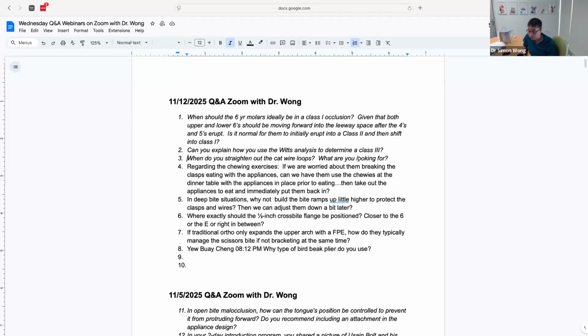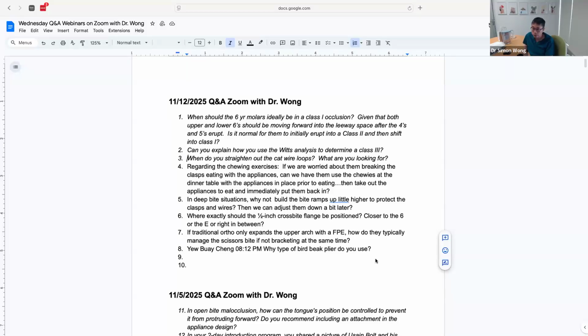Next question is, what type of bird beak pliers do you use? So there's two basic bird beak pliers. There's the short, stubby ones and the long, fine nose ones. I use both.